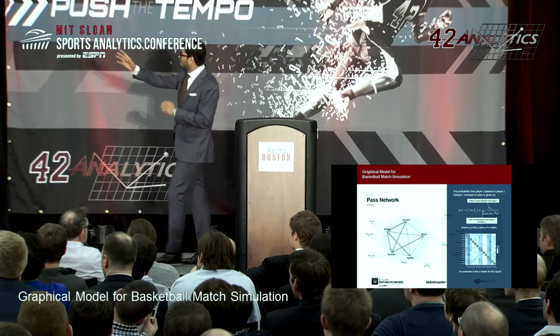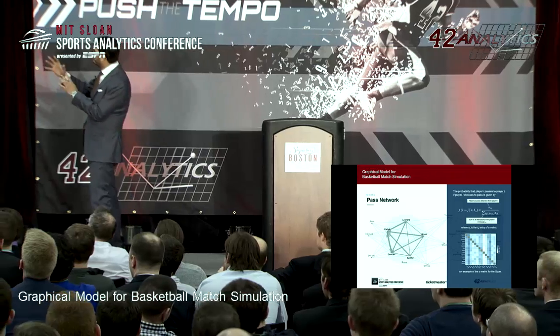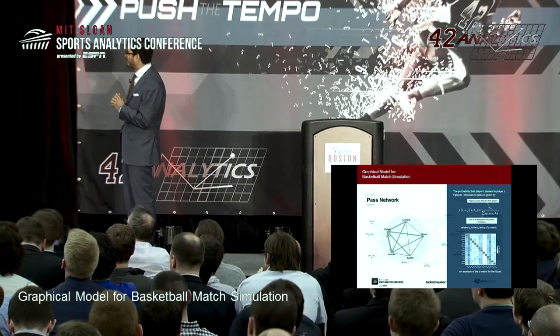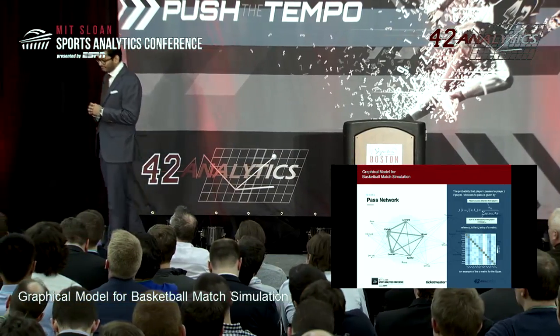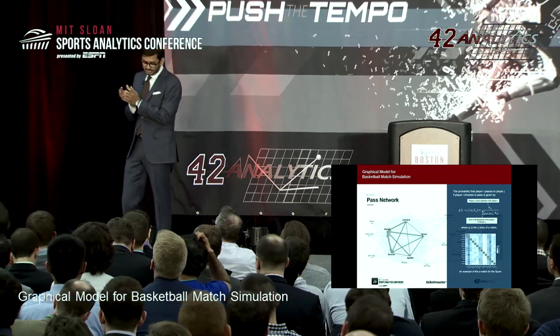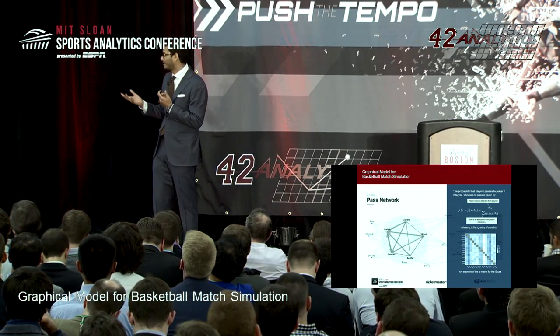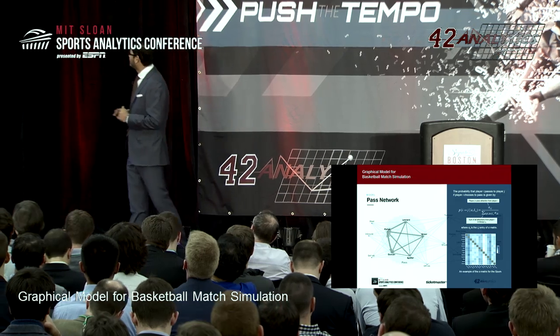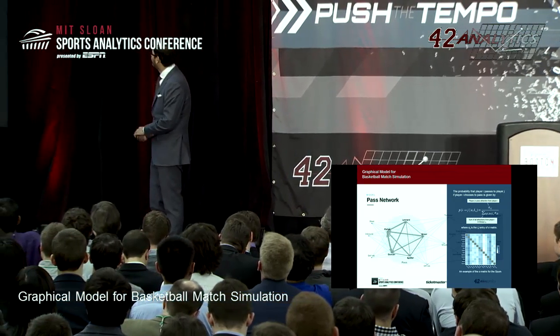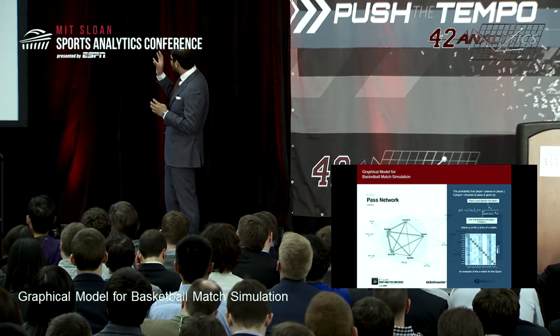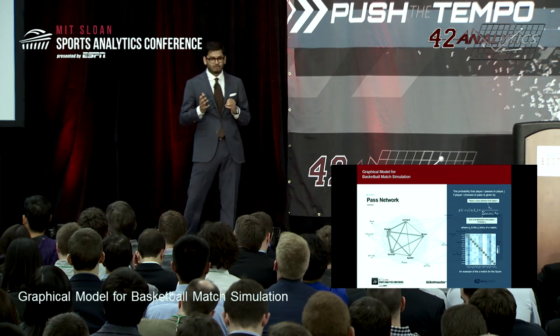So you can see that this is the pass network, and there's a matrix for the team. It's called the alpha matrix. The ijth element of this matrix says what is the probability that player i passes the ball to player j if player i is passing the ball. Now, if you look at the denominator in the probability, you see that the denominator depends on the players on the court.